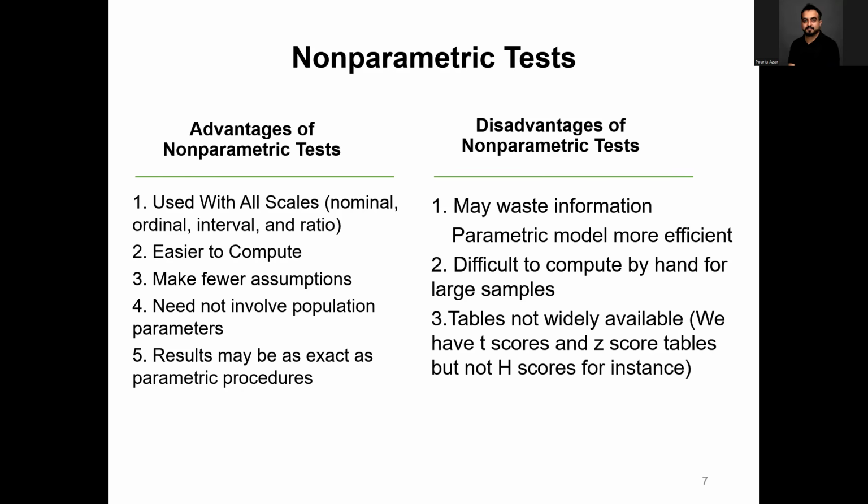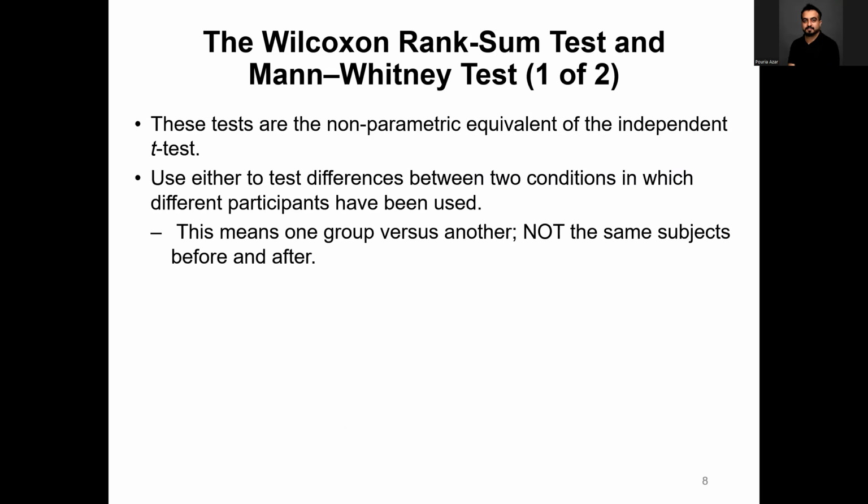So there are two tests which are equivalent to the independent sample t-test. We will talk about the independent sample t-test in next modules, but just for your note here, let's say we have a continuous variable like blood pressure or total cholesterol. It's a numeric and continuous variable.